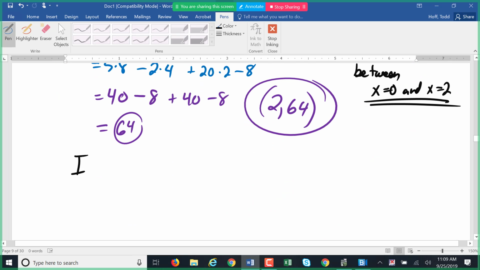That's called the intermediate value theorem.